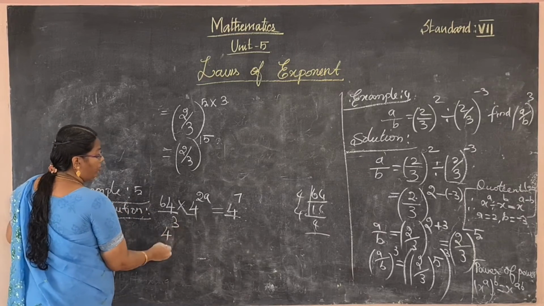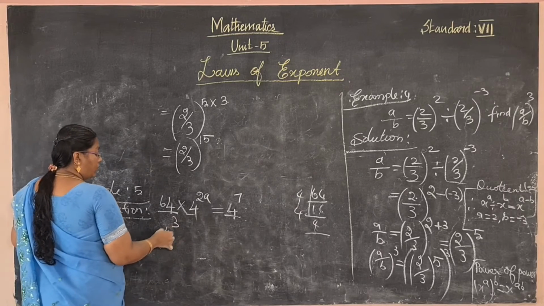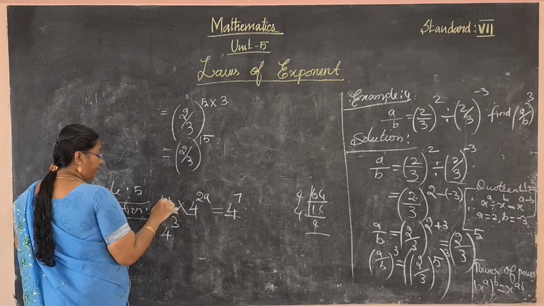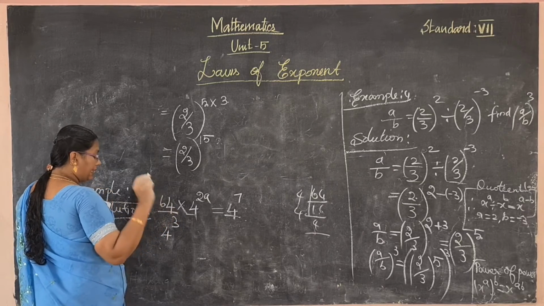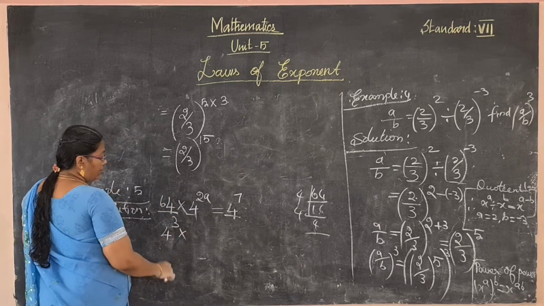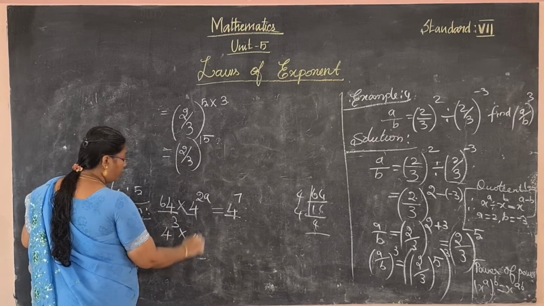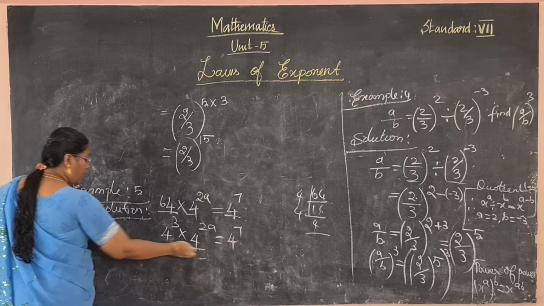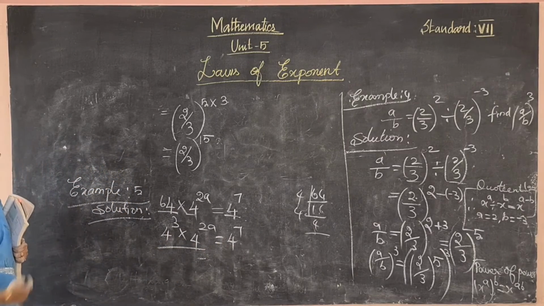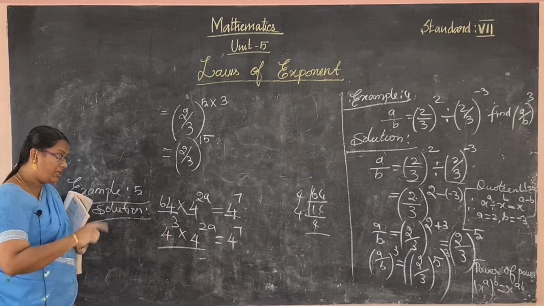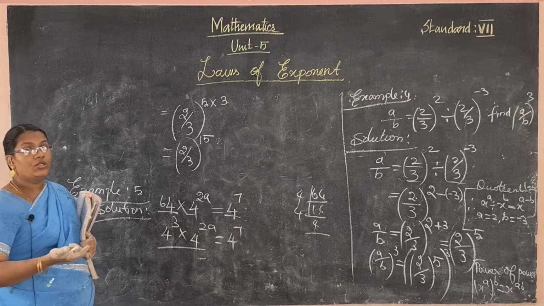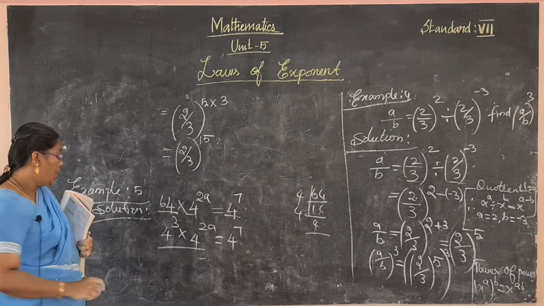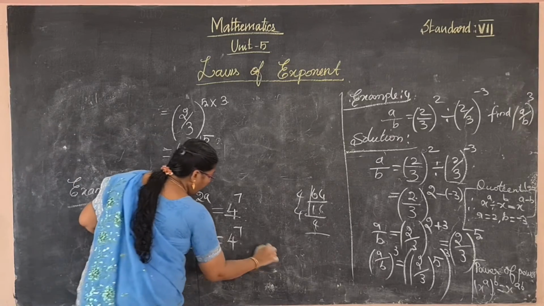4 multiplied thrice, so we get 64, and 4 power 2a is equal to 4 power 7. Now see this: the bases are the same, the powers are different. Which law have we applied here? Product rule.